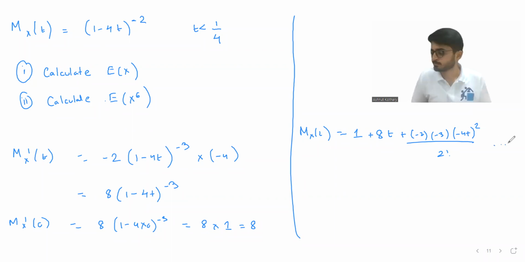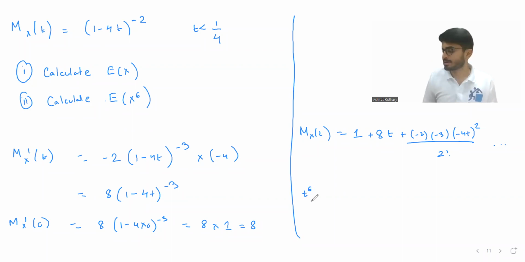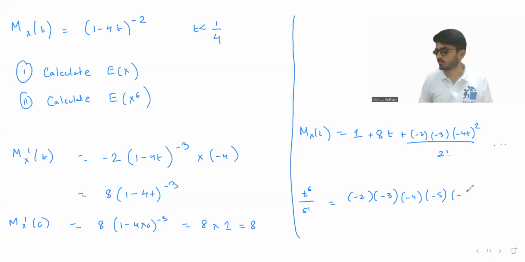So the coefficient of t to the power 6 by 6 factorial will be nothing but minus 2, minus 3, minus 4, minus 5, minus 6, minus 7. When it's 2 factorial, it's a 3 over here, so when it is 6 factorial, you can see it will be minus 7.